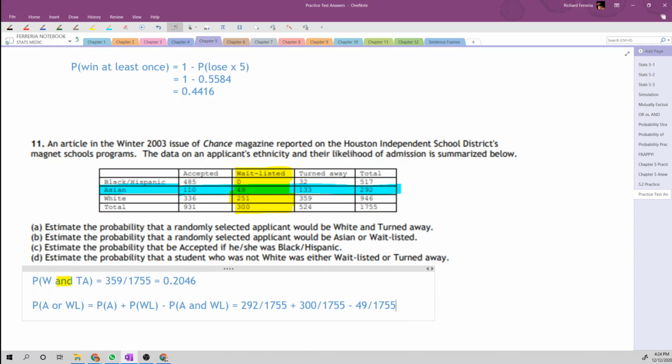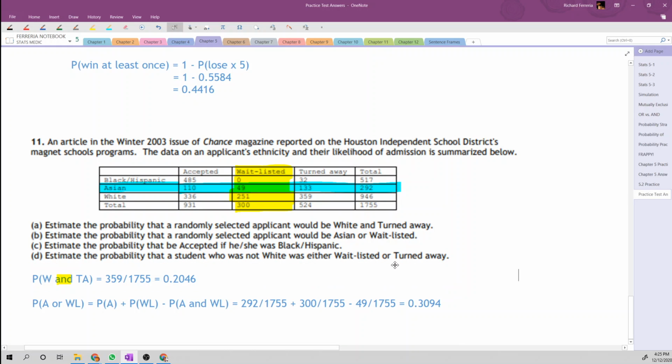Remember, single probabilities are margin totals, and probabilities are inside numbers. So that gives me 0.3094. Perfect.